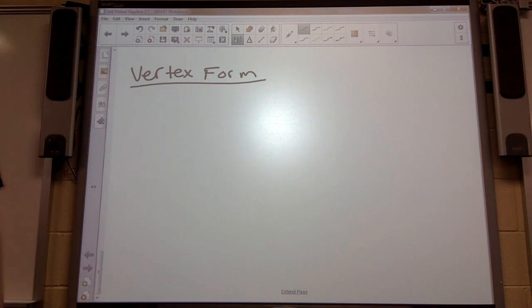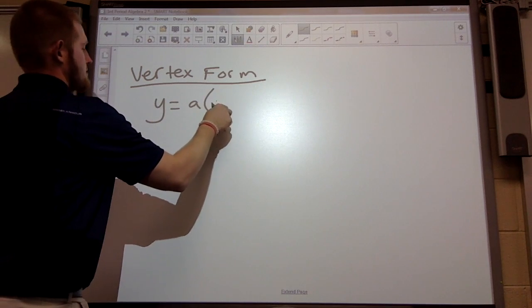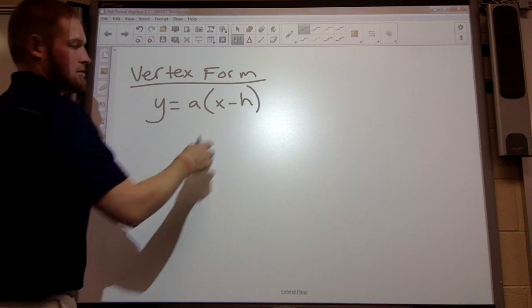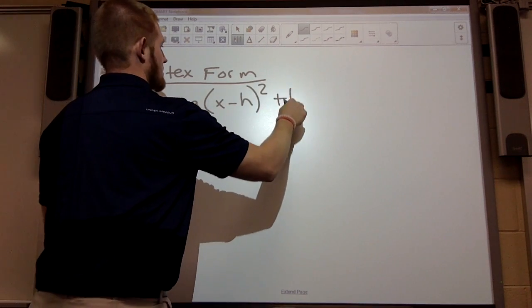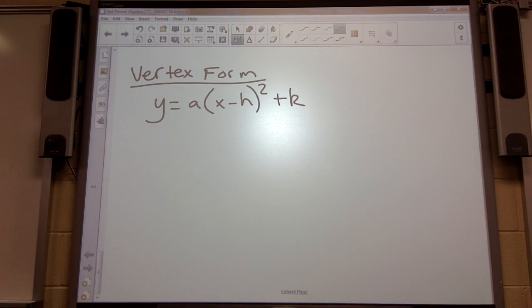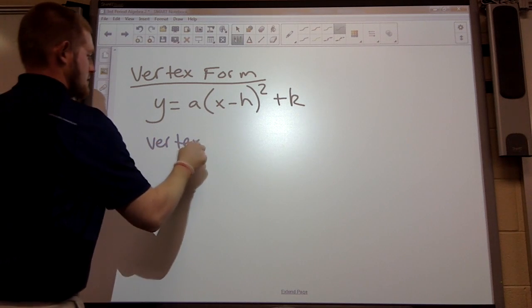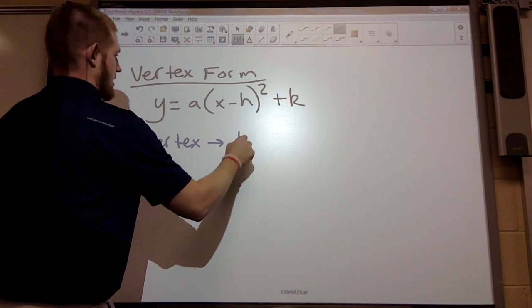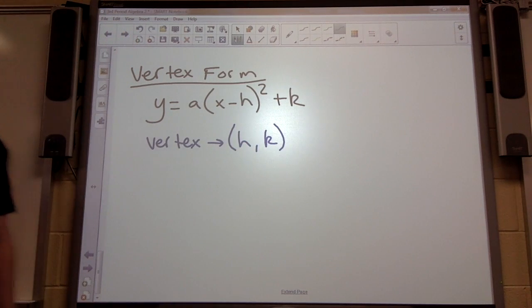This is vertex form: y equals a times x minus h squared plus k. That's our vertex form. Now, the vertex is at h, comma, k. Right? Just like we've done in the past with our vertex being at h, comma, k.